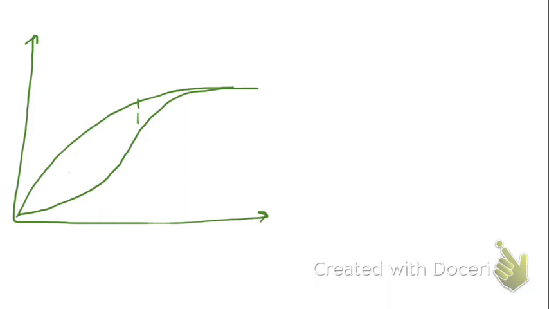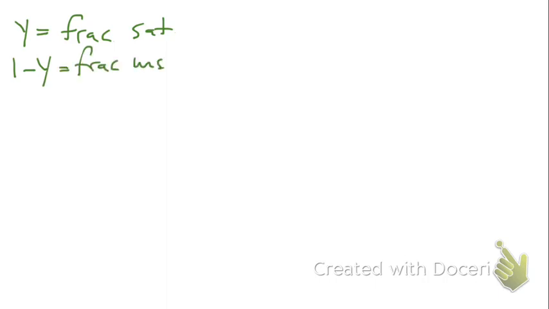But what I want to look at real quick is that if Y is equal to fraction saturated, then 1 minus Y is equal to fraction unsaturated. Right, so it's the complete opposite. We take the inverse of percent saturation to get percent unsaturated, or fractional unsaturation.